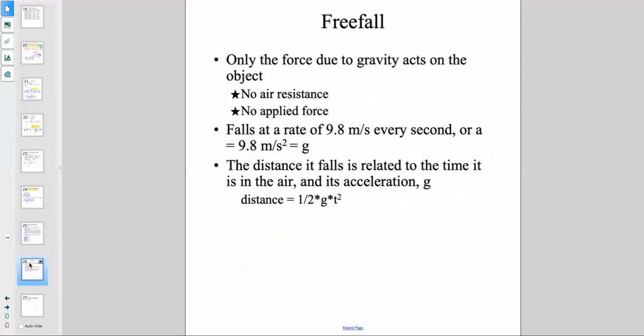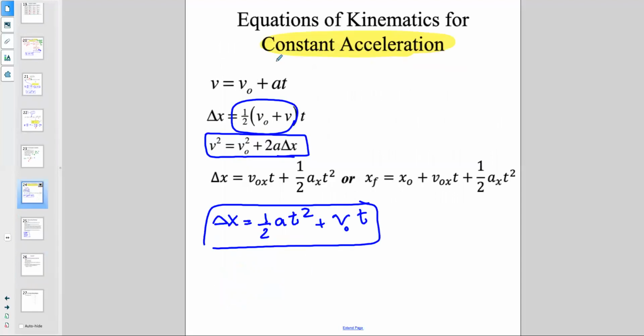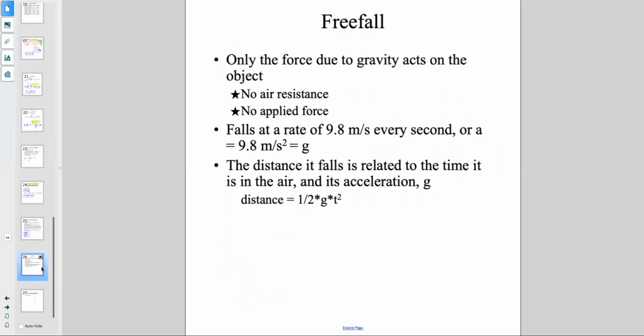Freefall. Freefall is also a motion with constant acceleration. Motion with constant acceleration. These are the set of formulas that I have, okay? Free fall is a motion of constant acceleration. But remember, free fall is something falling down freely without any air resistance, without any force.